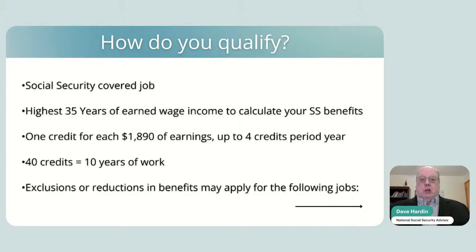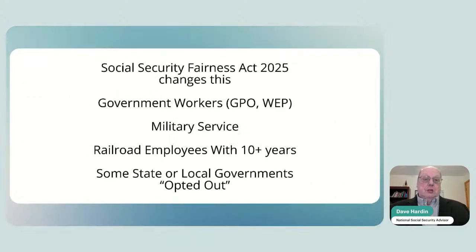Now, once you have those 40 credits, you've earned a benefit. Used to be there were some exclusions or reductions, but they're all gone away. I'm going to make this really quick. The Social Security Fairness Act: it used to be if you worked for the government or you got a pension from the military or railroad or state, local governments, some school districts, you were affected by that.